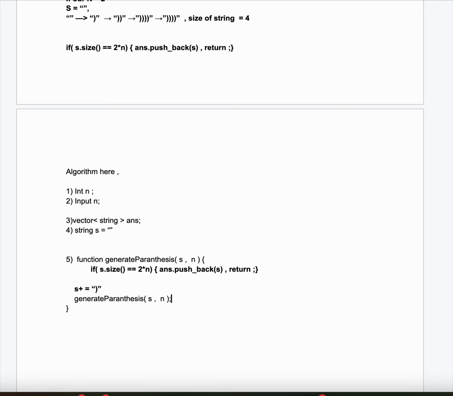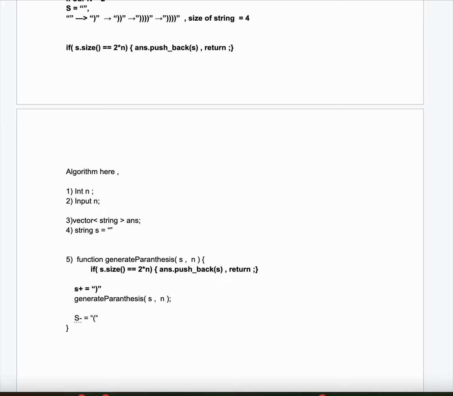Now here is one catch. Once we have added the opening bracket, we have to put the closing bracket at the same spot. In C++, when you put the opening bracket here and now want to put the closing bracket, you need to remove it. You cannot do this with subtraction, of course.